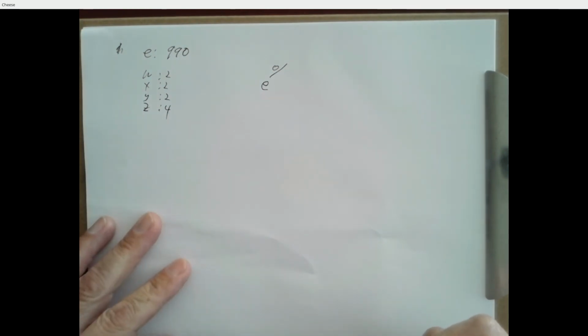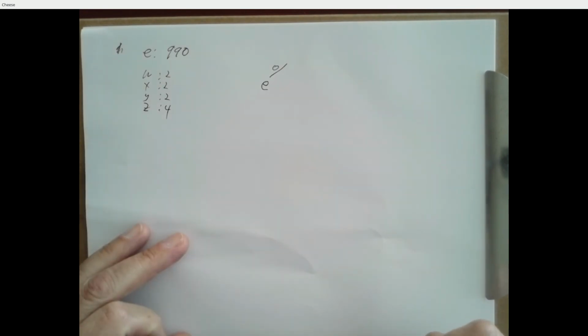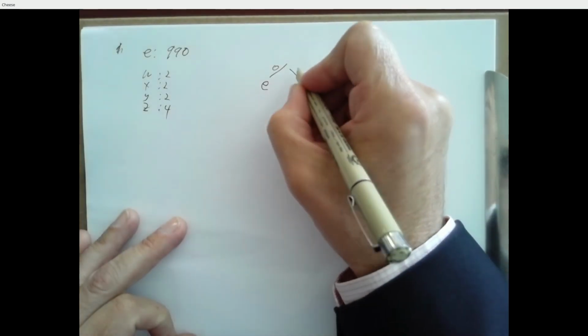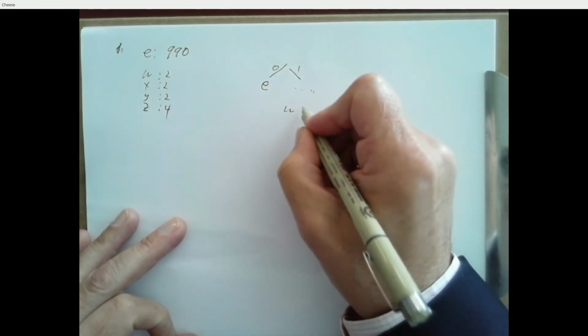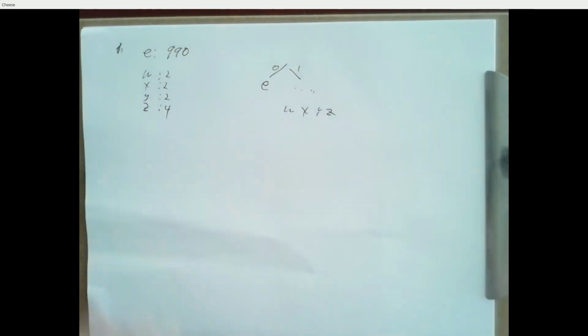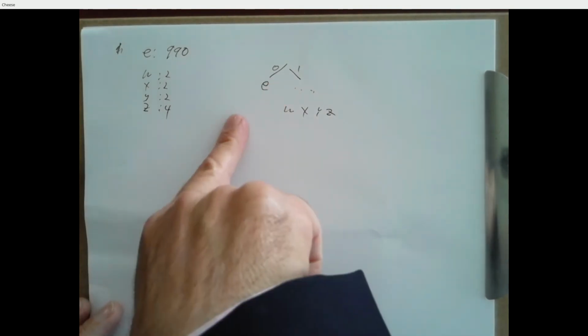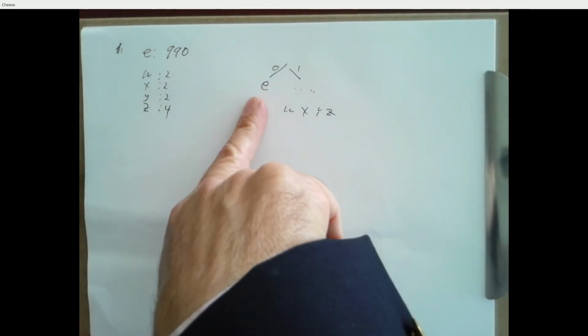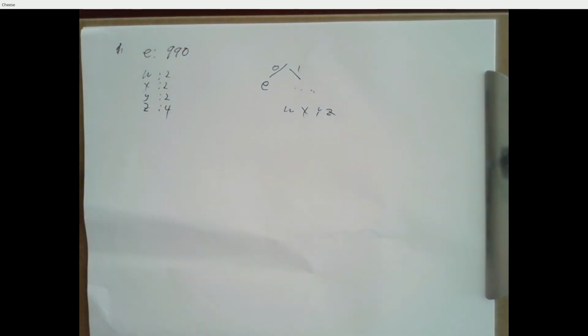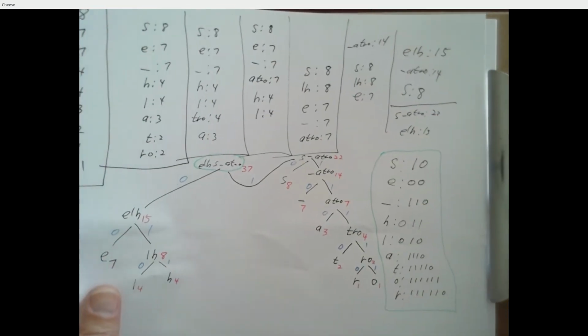Which means it's going to represent a 0, which means everything else is going to have to start with a 1. Otherwise, we're going to have ambiguity. So somewhere down here, W, X, Y, and Z would be, and the only thing on the left would be E. And that's going to give me roughly 1,000 bits to code the whole thing. If I have just one more branch here, that's going to bring me up to about 2,000 bits. So I think that's what the asymmetry is capturing.